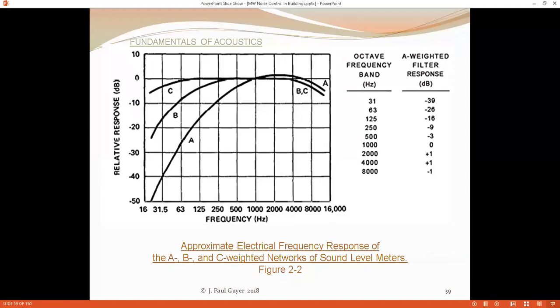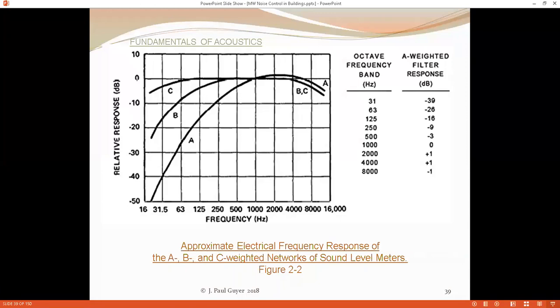The B and C curves are different. They are flatter. They do not discard as much of the sound below 500 hertz, and so they are not mimicking the human ear. They are used for different kinds of measurements that are more specialized.